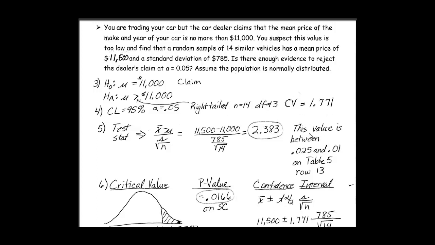But I've got a statement here that this value is between 0.025 and 0.1 on table 5, or the table. So I'm going to go back and show you that. So I'm going back to our row 13, and I'm comparing to 1.771, and 2.38 would be right in here between the middle column and the fourth column.